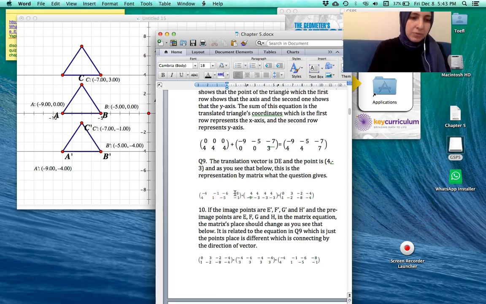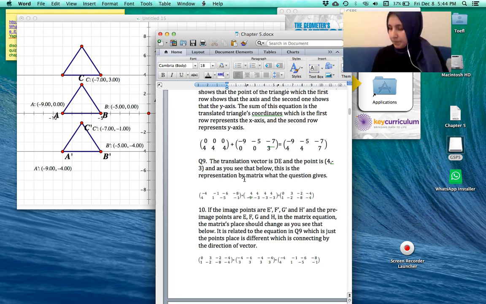And pentagon has 5 points, and the second matrix must have 5 columns, which the fifth column represents the fifth point. According to the pentagon's matrix, the vectors matrix must have 5 columns. Then we got the 5 column matrix. 1, 2, 3, 4. It has 4, but for the pentagon matrices, it must have 5 columns.